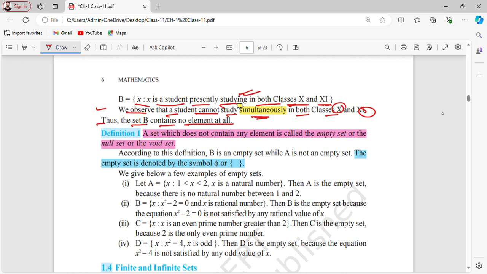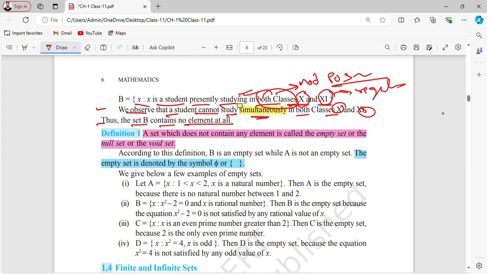According to B's property, a student studying in both classes is not possible. No one studies in 10th class and 11th class together regularly.